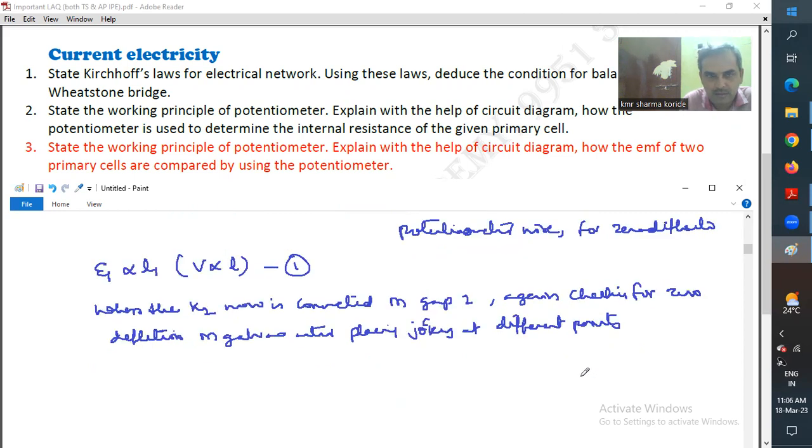Then E2 is proportional to L2. This is again based on the principle only. Call this equation 2. Dividing 1 and 2, you can compare the EMF of two cells. E1 by E2 is equal to L1 by L2.